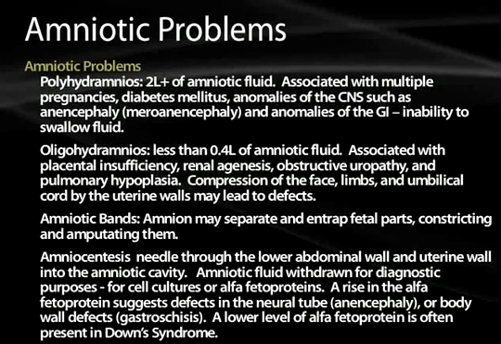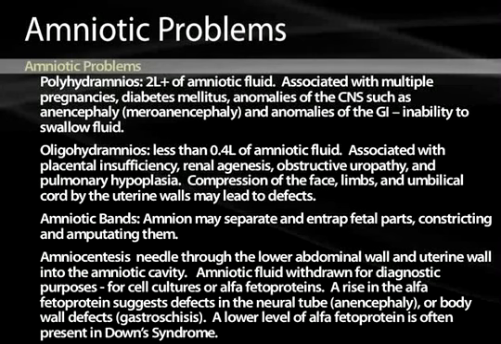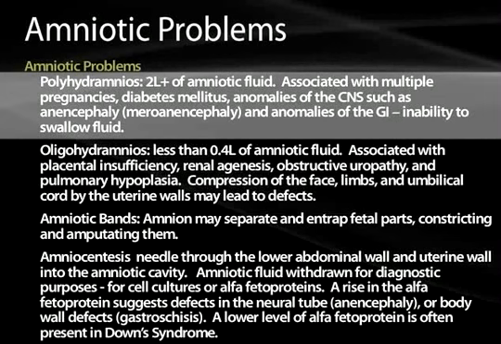And as there's amniotic problems, some of the red flag issues you'll have on question items in your USMLE Step 1 is going to be the issue of polyhydramnios, which typifies having more than 2 liters of amniotic fluid.